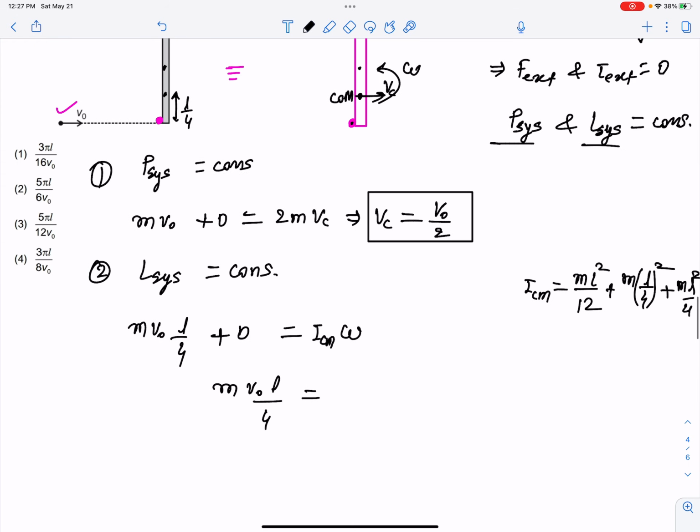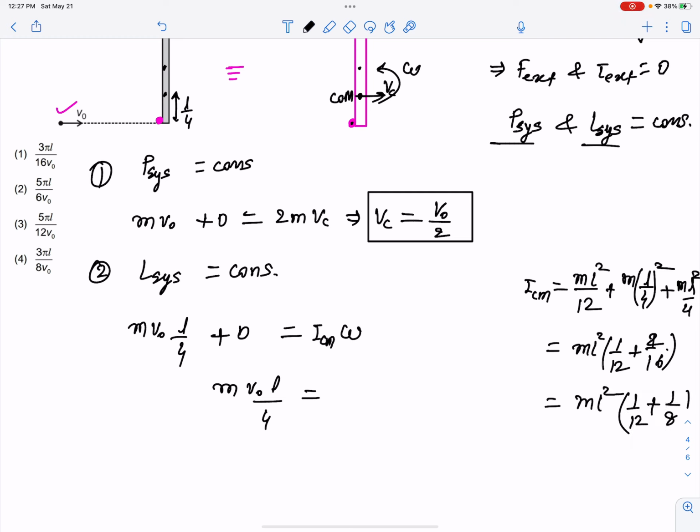So we can write I CM here as m L square, and you see here 1 over 12 plus 1 over 16 plus 1 over 16, that means we can write 2 over 16. So m L square, and this will be 1 over 12 plus 1 over 8, and we can go for 24.